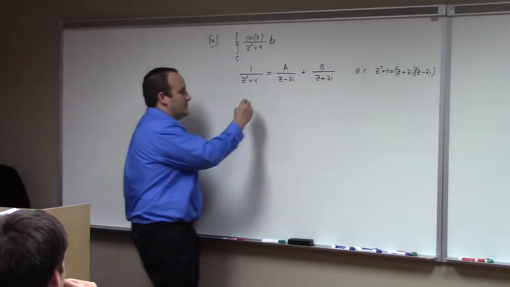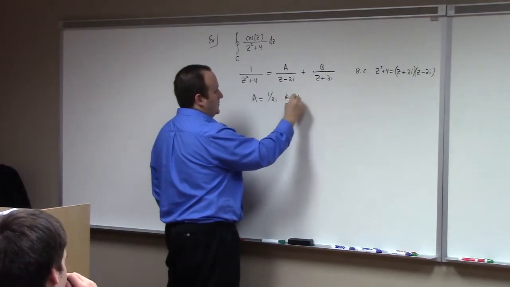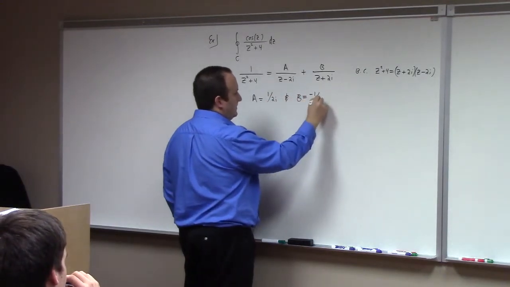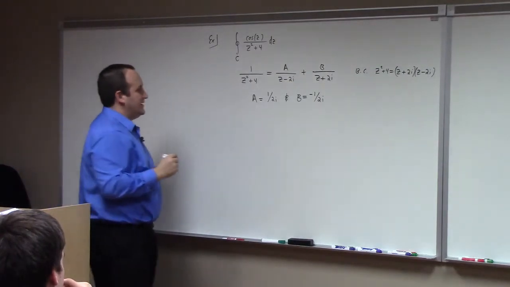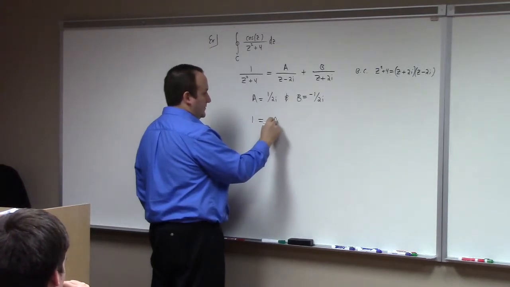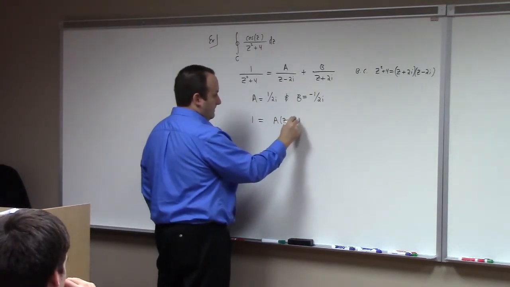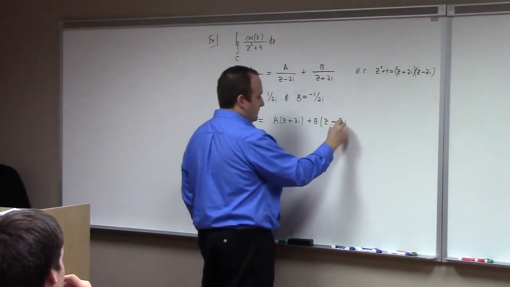So I think a is equal to 1 over 2i, and b is equal to minus 1 over 2i. Is my guess? Just looking at it. Let's see, let's work it out. 1 is equal to a times z plus 2i plus b times z minus 2i.